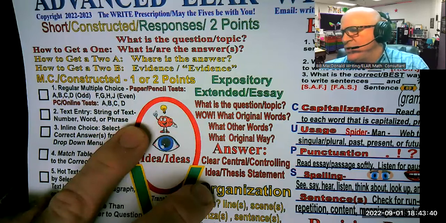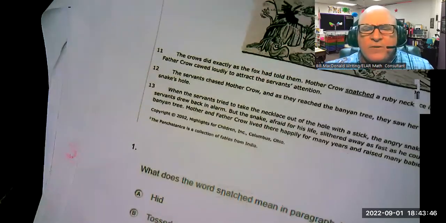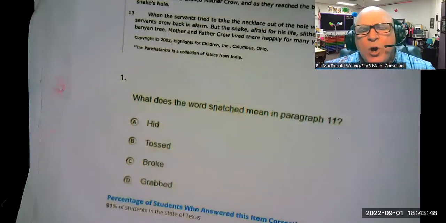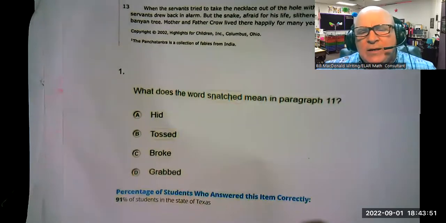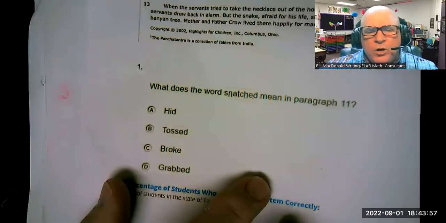So I chose one question from each grade level. The very first question in the 3rd grade test says, what does the word snatched mean in paragraph 1? And all your students would have to type would be one word.